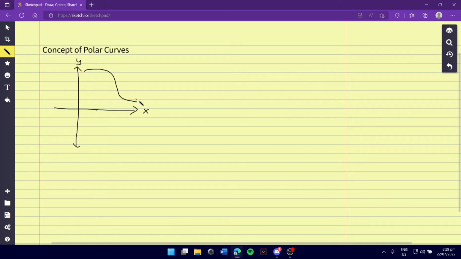So we label this as your polar curve. Next, your polar curve is equals to r is equals to a function of your theta. So r is equals to a function of your theta. So this is now your polar curve.